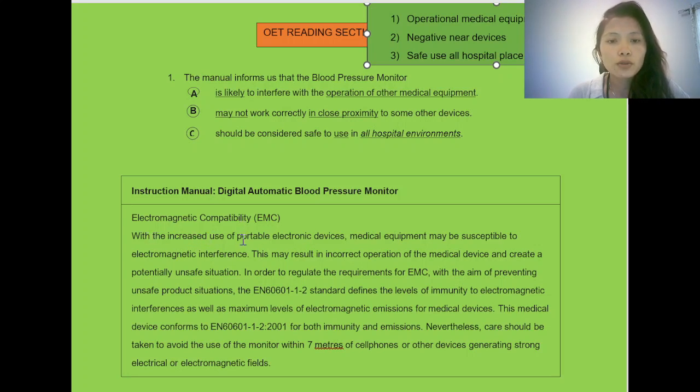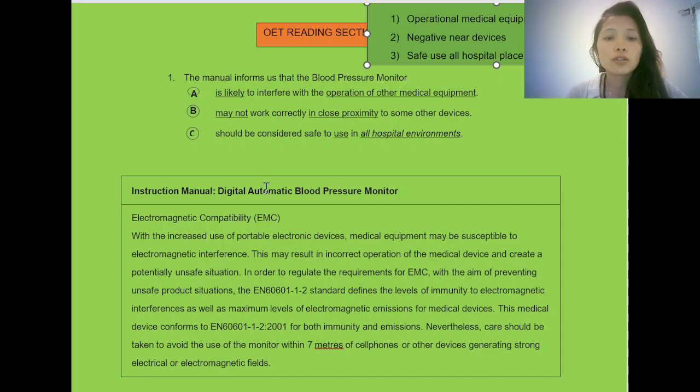With the increased use of portable electronic devices, medical equipment may be susceptible to electromagnetic interference. Because of using such portable electronic devices in our regular use, it may be susceptible to electromagnetic interference.